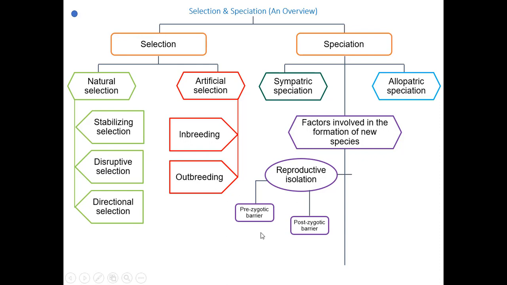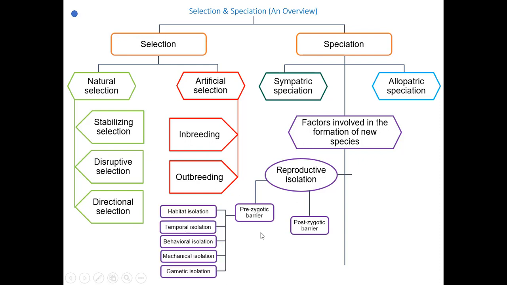There are five pre-zygotic barriers: habitat isolation, temporal isolation, behavioral isolation, mechanical isolation, and the last one, gametic isolation. For post-zygotic barrier, we have three effects. The first one, hybrid inviability. Next, hybrid infertility. And the last one is hybrid breakdown.